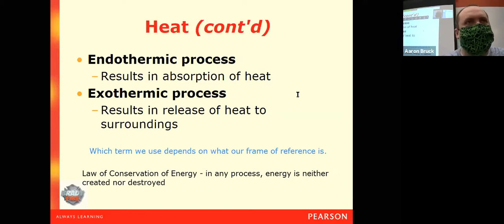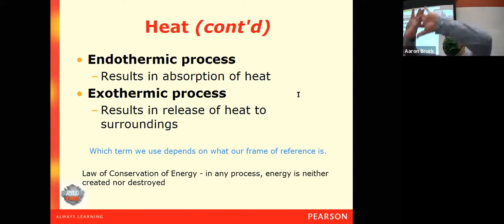So what that really means for us here is, if I'm looking at that ice cube sitting on the counter, from the perspective of the ice cube, it's an endothermic process. Heat is coming into the ice cube. From the perspective of the table and the air and everything around that ice cube, it's an exothermic process. All of the energy from those objects is being lost to the ice cube as the ice cube melts.